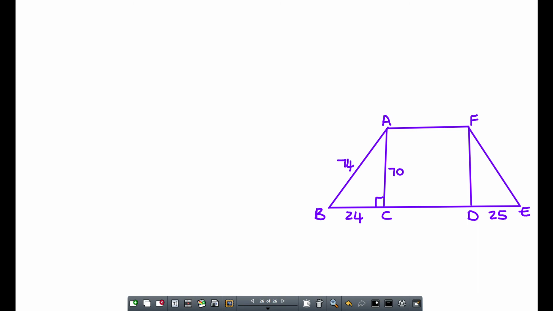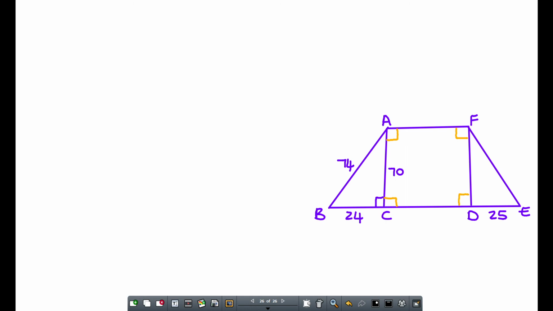Okay, so I'll read the question again. It says that if ACDF is a square, yeah? If that's not a triangle, but a square, it means that this will be 90, that will be 90, this will be 90, and that will be 90.